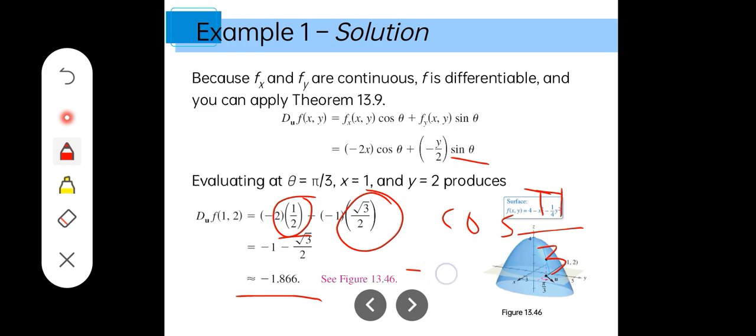This is the illustration of this example. And that's all. Thank you.